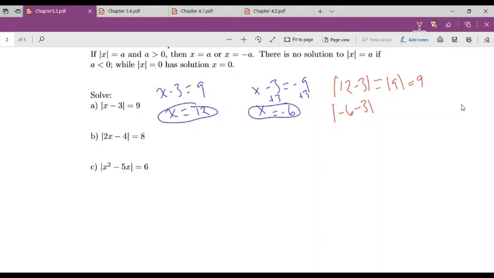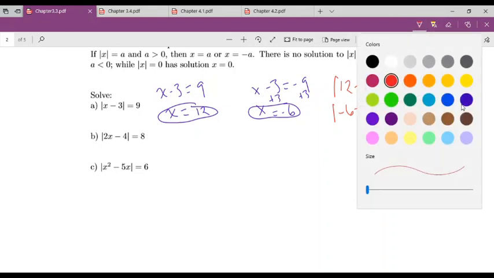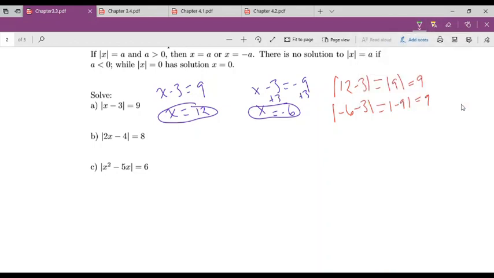Negative 6 minus 3 is negative 9, so I get the absolute value of negative 9, which is 9. So you can see it works. Essentially, if you want to solve for x but you've got absolute value, you have to do two solutions. You have to do the positive solution and the negative solution. And it's that easy.